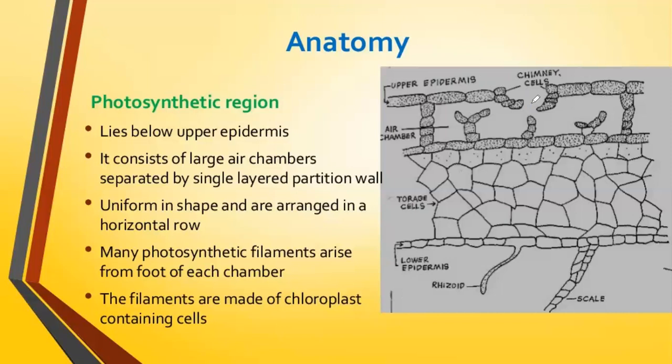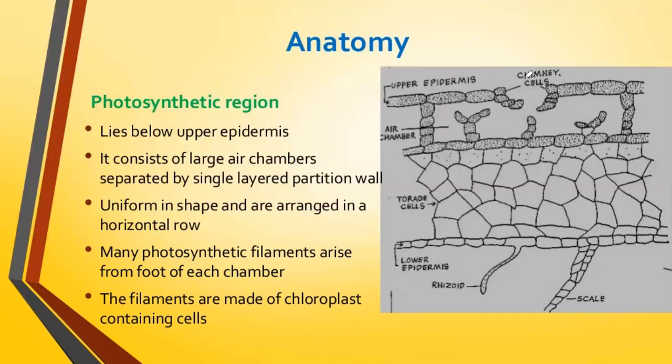Here, since Marchantia is a bryophyte and its plant body is very simple, not well differentiated into leaf, stem, and roots, it is only made up of a mass of tissue, but still they have small pores like stomata. It is not the stomata, it is a small pore like stomata. So what is the function of stomata in higher plants?